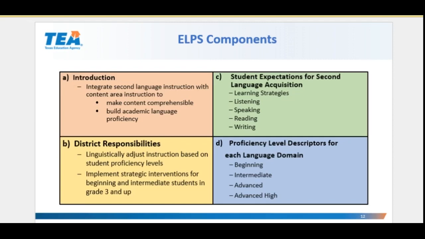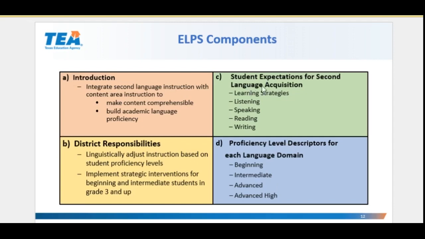Section B sets forth the instructional framework, namely to know the student's proficiency level and what each level means; to use that information to linguistically adjust content area instruction with the dual goals of helping the student learn, number 1, the content area, and number 2, English; and to intervene in especially intensive ways to accelerate the second language acquisition of students who are at the beginning or intermediate level in grade 3 and up.